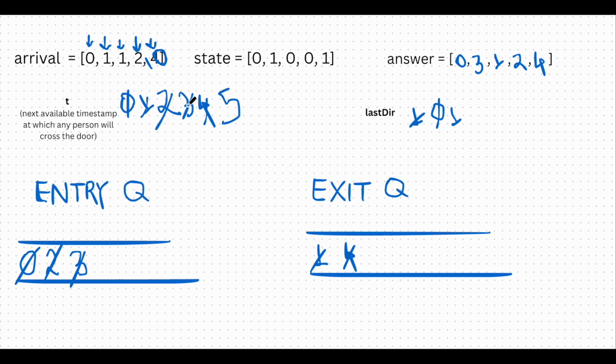We know that at t equals 4 no one will pass through the door, because 4 is less than 10. So we'll have to change the value of t to 10 instead of 5, because the next time at which any person will cross the door will be 10 and not 5. So yeah, here's an interesting thing.